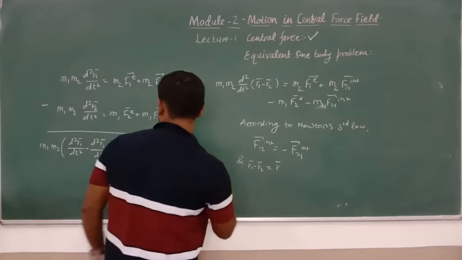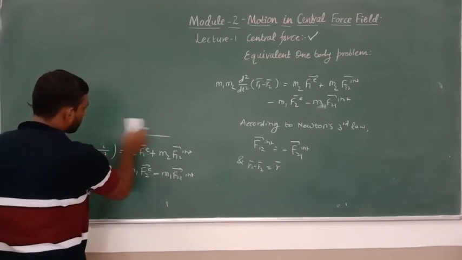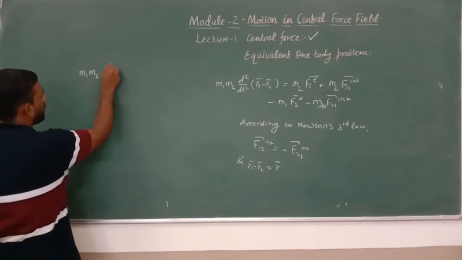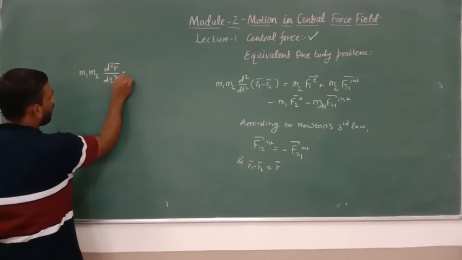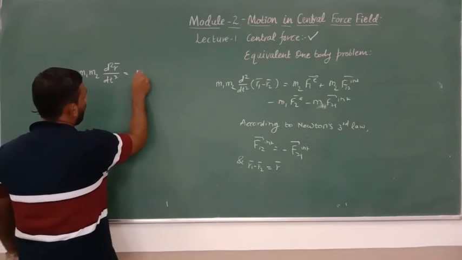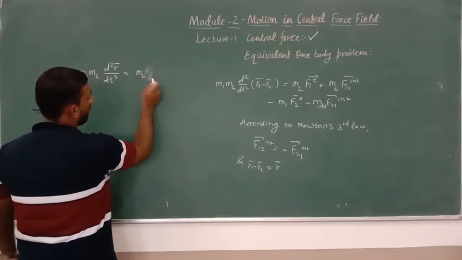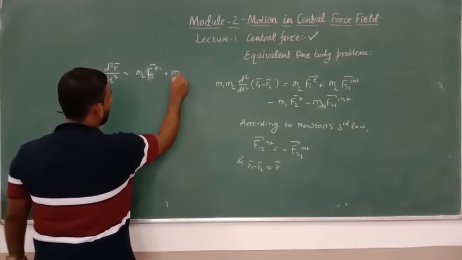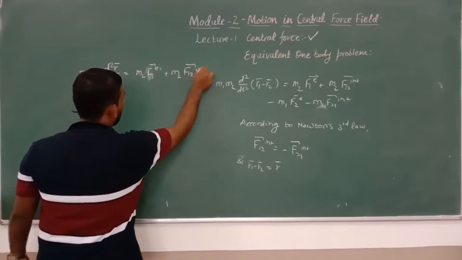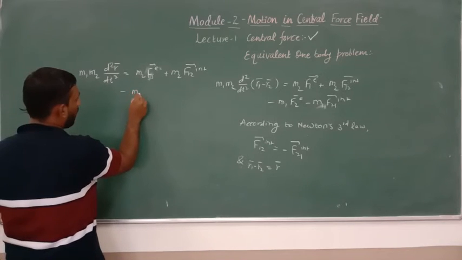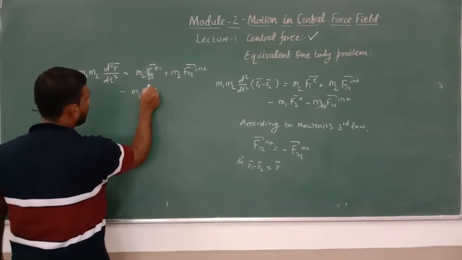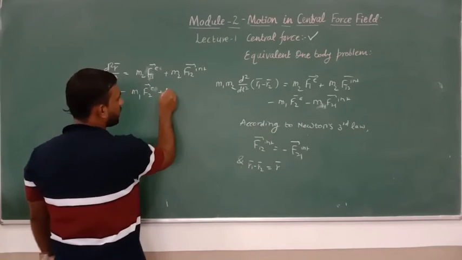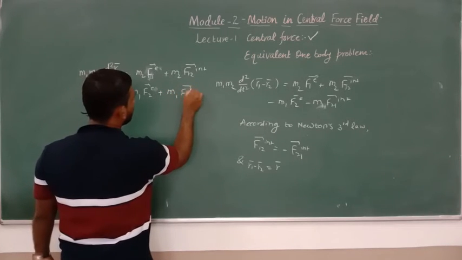If you substitute all those values in the above equation, it looks like this: m1 m2 d2 r bar by dt square is equal to m2 f1 external plus m2 f12 internal minus m1 f2 external, and the minus again becomes plus m1 f12 internal.